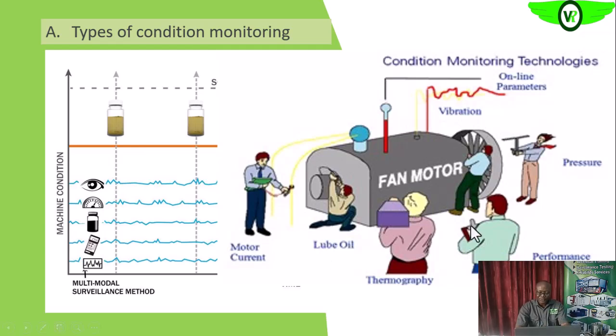Then we have thermography, which has to do with the heat energy that is emitted from the equipment. So as we'll see later, when we look at this heat energy, okay, if we convert that heat energy to something that we can really understand, that is, we call it a thermogram, infrared thermography.